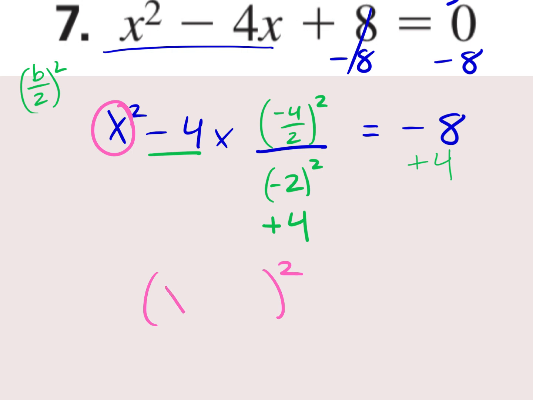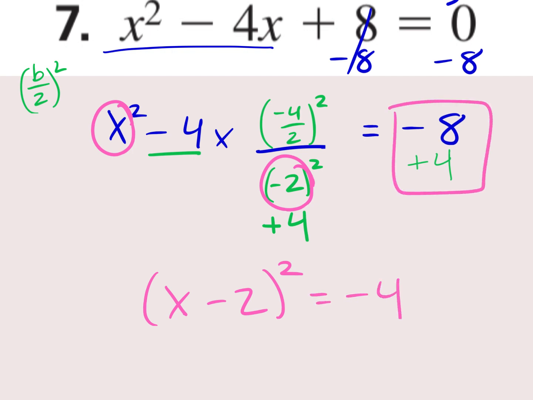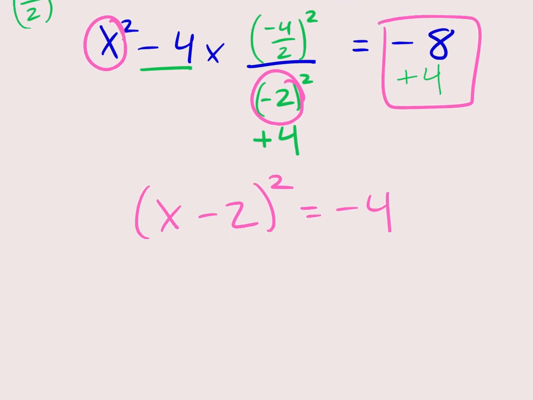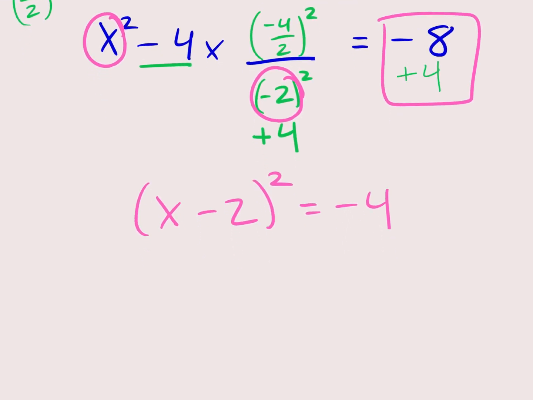We take the x, because that's being squared, and the minus 2. And then that's equal to, what's negative 8 plus 4? Negative 4. Any questions on how we got here? We're good so far? What would we do next? Square root both sides. Cancel out with the squared.